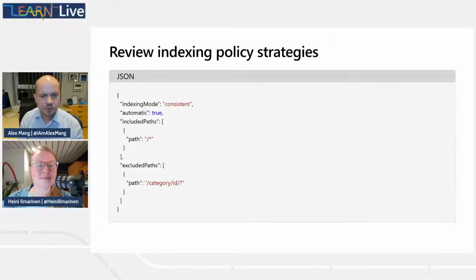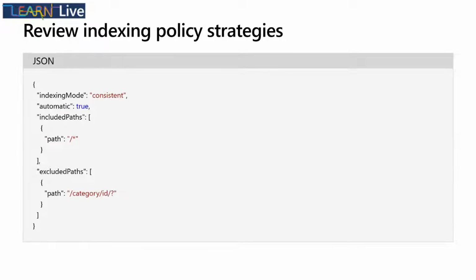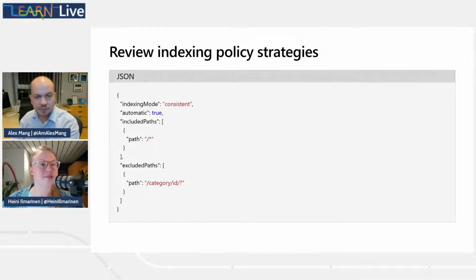But long story short, you can have some indexing policies which include all the possible properties in the root path and use the excluded path just to exclude specific properties or paths as appropriate. This strategy is the case for the default indexing policy. And what follows here is an example of just that, which includes all the properties except for the category.id, the ID property of the object which is within the category property of the document.